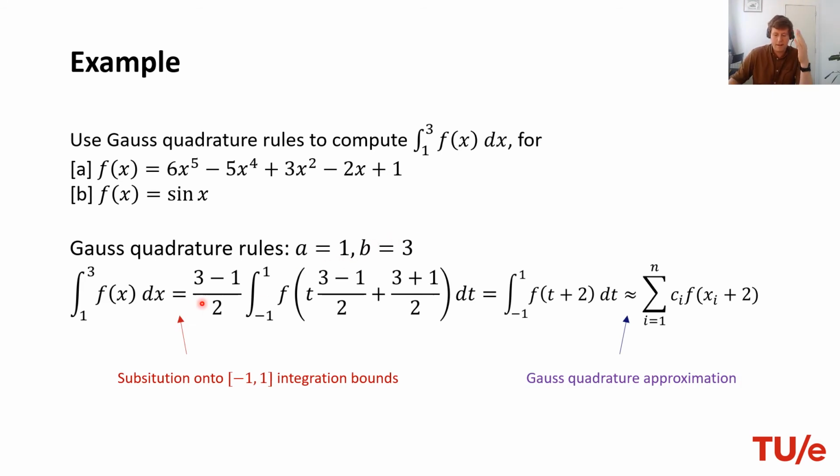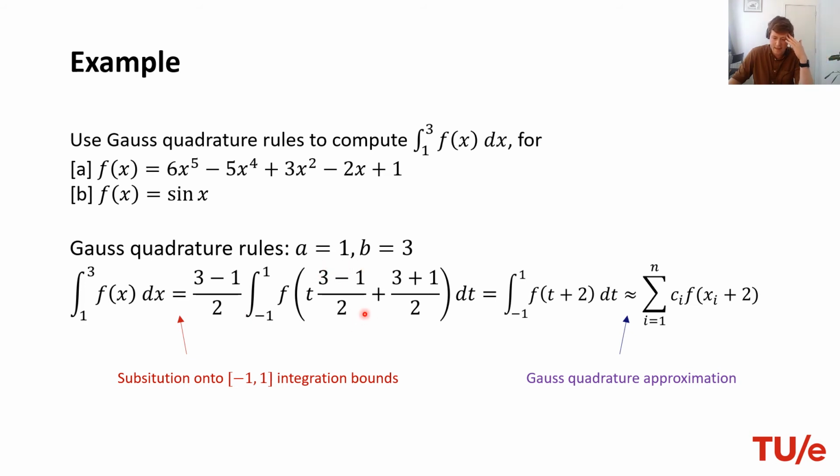So we just plug that in to this equation from the previous slides, and we see that this prefactor, so that's (3 minus 1) over 2, well, that ends up to be 1 in this case. So the width of the interval from 1 to 3 is the same as the width of the interval from -1 to 1. So this rescaling that we have to do actually drops out.